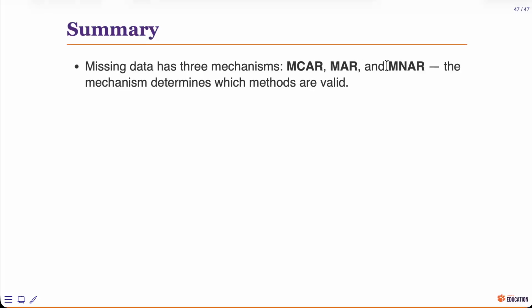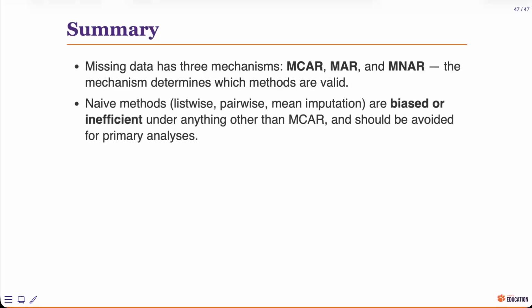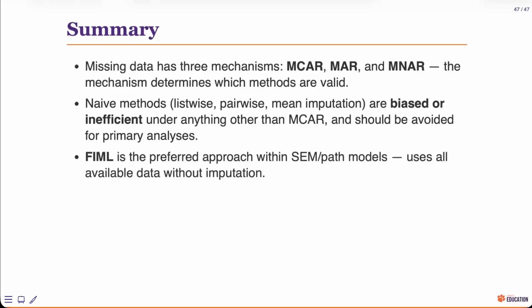Particularly for missing not at random, but generally speaking, we base our methods on missing at random and hope for the best. There are naive methods that provide biased or inefficient results unless you assume missing completely at random. That's why we like to avoid those almost at all costs. I think knowledge of that has gotten much more widespread, but you still see it from time to time.